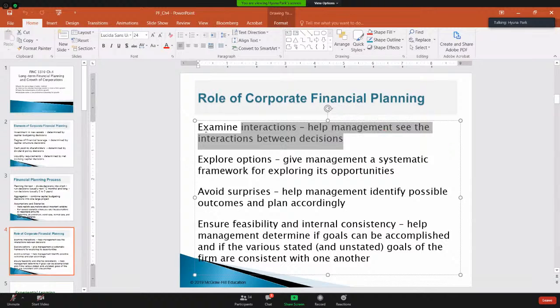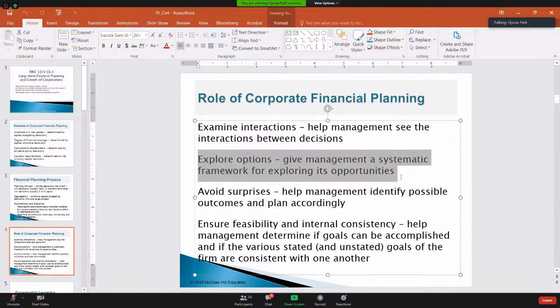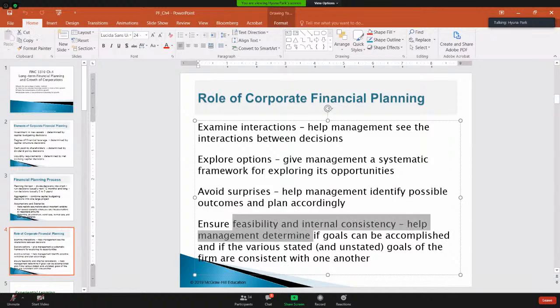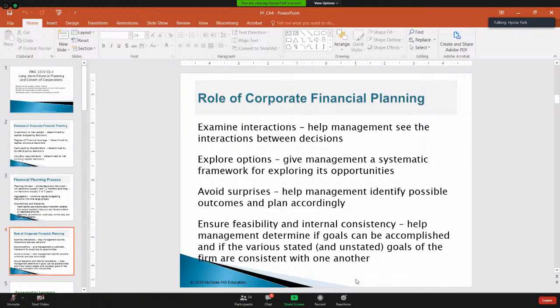So examine the interactions and explore different options, and try to identify all variables, at least the important ones, to avoid surprises and make the plans feasible and consistent. As you can imagine, this is a very challenging task, but still a very important one.